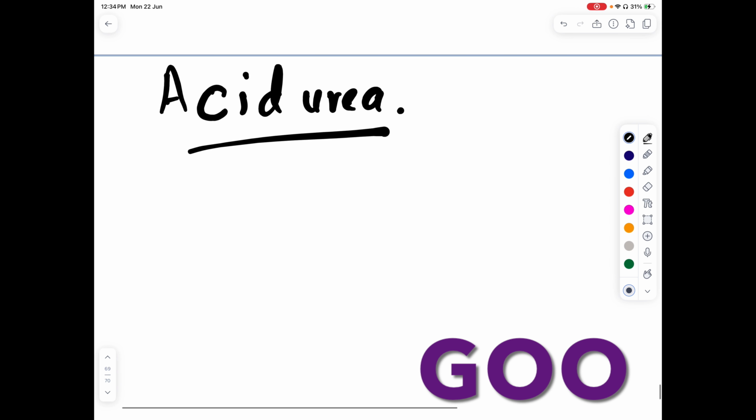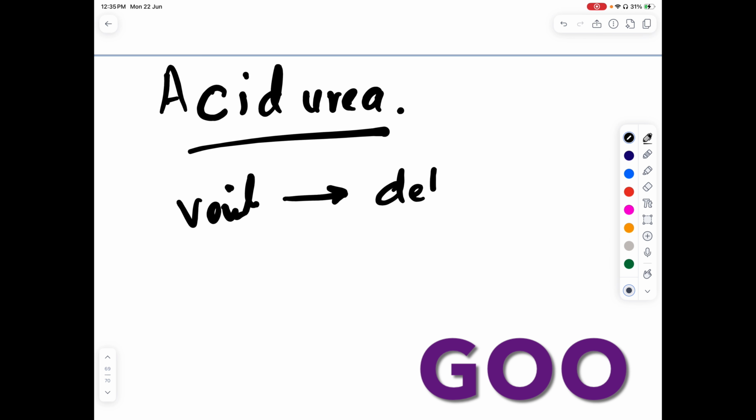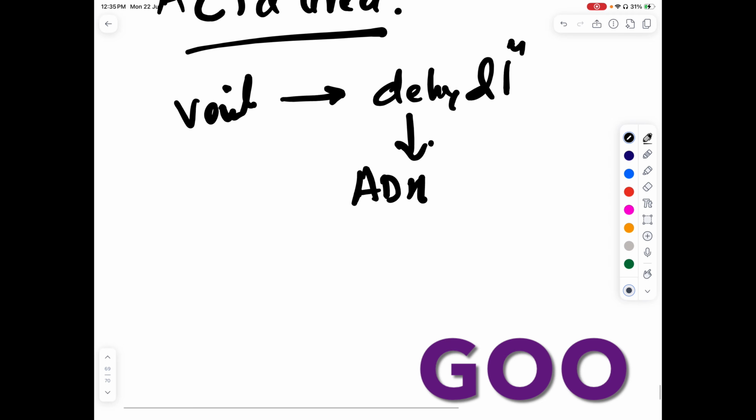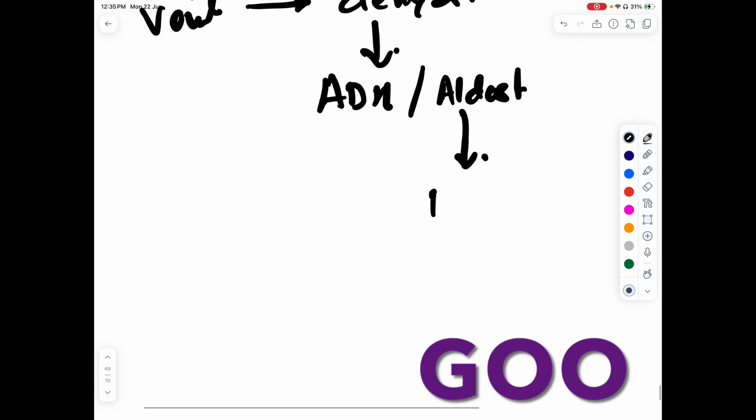Dehydration leads to increased aldosterone. What happens when the patient is vomiting continuously? That causes dehydration. Dehydration leads to secretion of ADH, antidiuretic hormone, and aldosterone. So what does aldosterone cause? Aldosterone acts on the distal convoluted tubule and collecting duct.